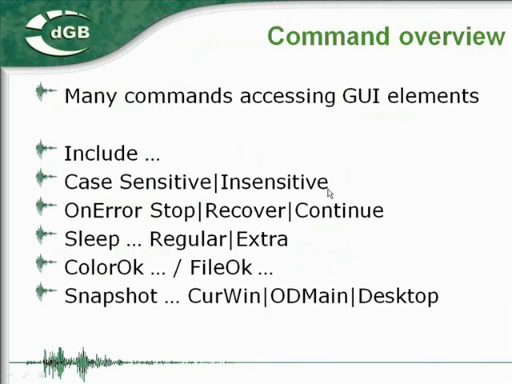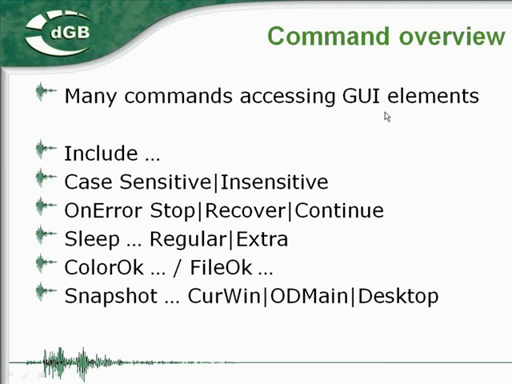Now I'm going to give an overview of commands there are in our script language. You have already seen a couple of them, but there are many more. Many of those commands are accessing all the different GUI elements you can find in the windows of OpendTect. Before we had the command recorder, I would need to explain all of them with all the syntax and things like that. Now we have a command driver.